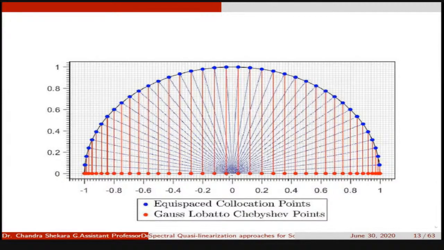The other important point about these collocation points is that they are symmetric about the line x equal to zero; the points on the left side and right side are symmetric. Therefore, whenever a fluid mechanics problem has symmetry, these points play a very important role, and if you apply this method to problems having symmetry, it will give more accurate solutions.